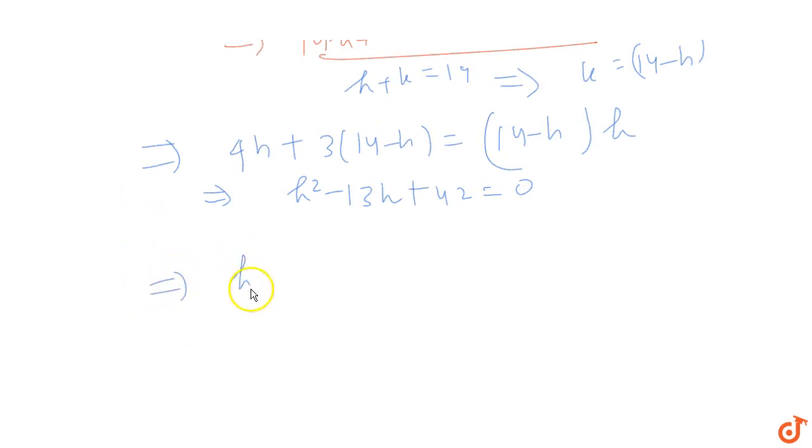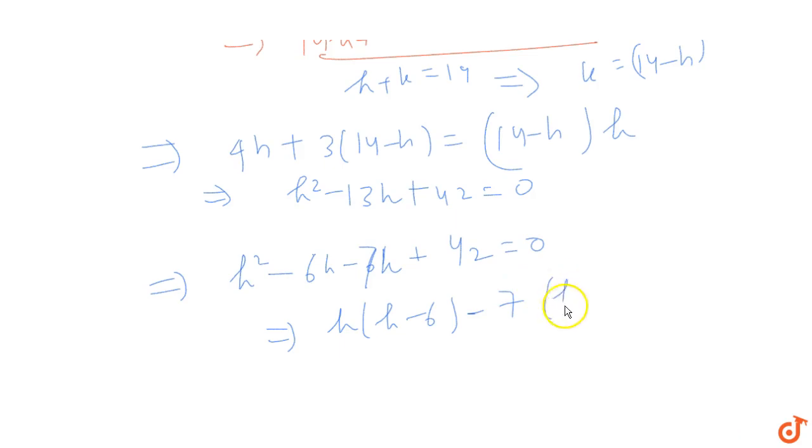And if you solve this, it will be h squared minus 6h minus 7h plus 42 equals 0. This will be h into (h minus 6) minus 7 into (h minus 6), which would be 0. So (h minus 6)(h minus 7) equals 0.